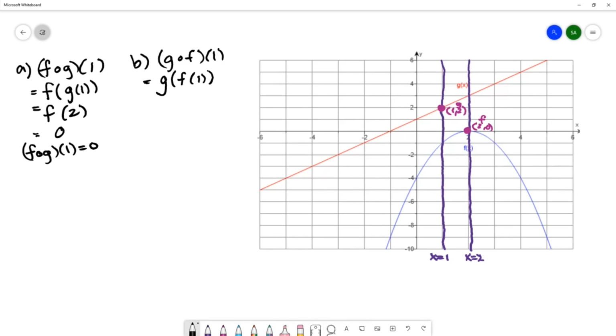So we're first going to find f of 1. And I've already drawn that vertical line at x equals 1. And here's the intersection point, and that point is 1, negative 1 on the graph of f. So f of 1 is negative 1.